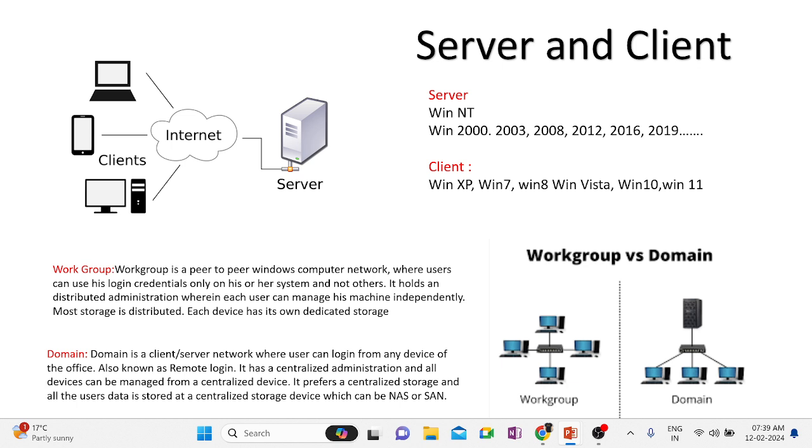So before we get into that, let us understand how the client and the server are interconnected in the real world. Okay. See, I already told you there are two components in IT. One is the client computer, another one is the server computer. The client can be anything because the client is always a consumer. He always consumes a service or an application or any information. The devices can be anything.